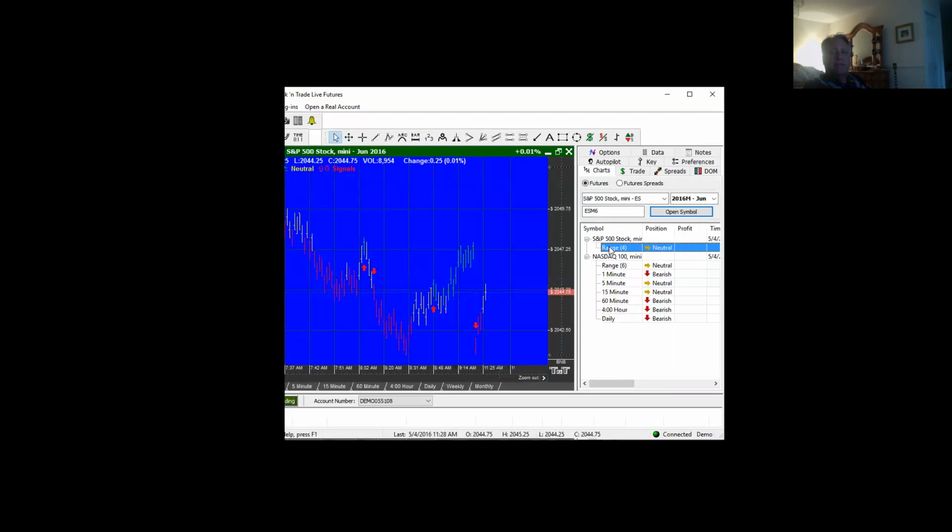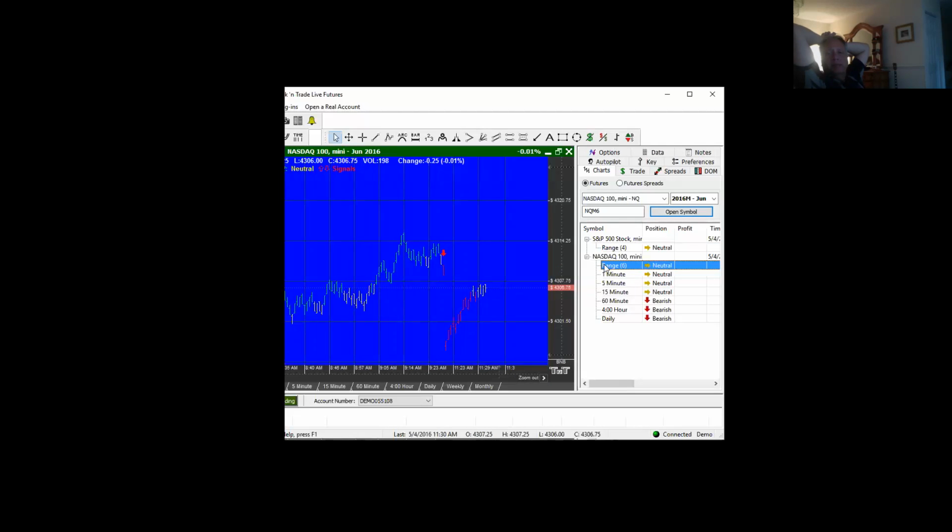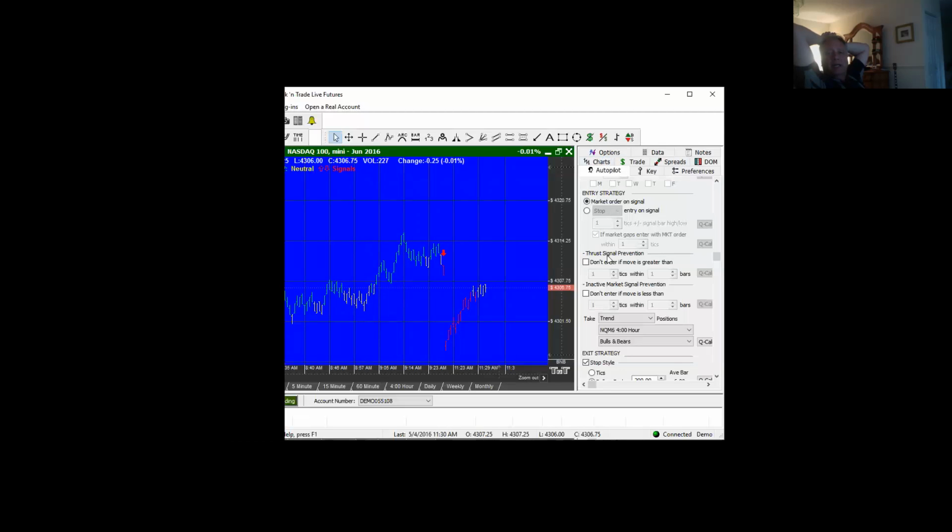Well, so you have the S&P open. So if you could go back to what were you on, the 6? Click the 6 range on the NASDAQ again, and then hit your autopilot tab. And then under trend, click that drop down right underneath that.